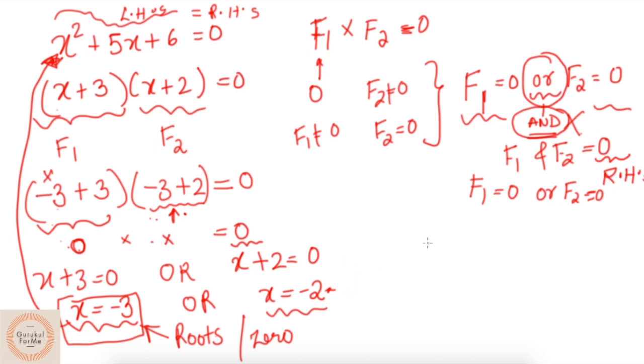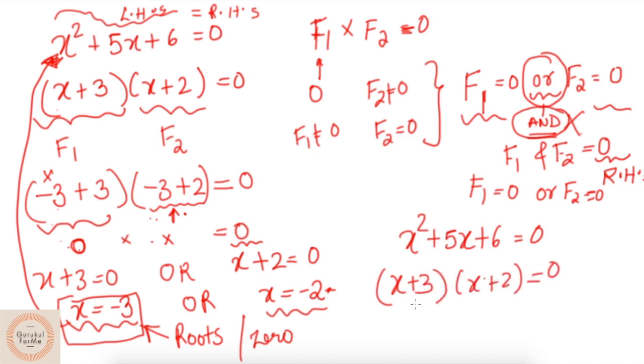So in exam, if they ask you that x square plus 5x plus 6 is equal to 0, find its factors, then the factors are x plus 3 and x plus 2. So this is one of the factors, this is the other factor. But if they ask you to find the roots, then x is equal to minus 3, x is equal to minus 2, or these are the roots of the polynomial or quadratic equation.